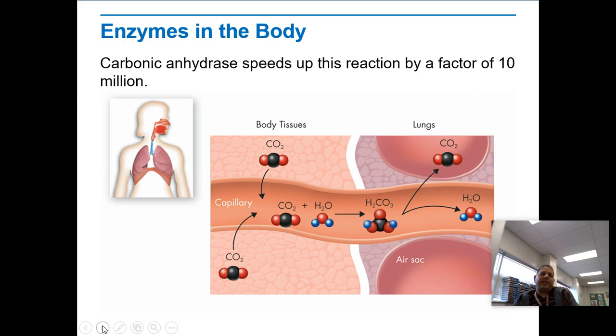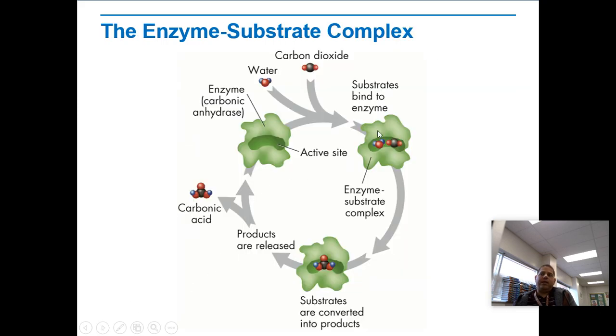So going back to our example of carbon dioxide building up in your body, we want that process to happen relatively faster than it would normally occur if it was just to attach itself to a water molecule. Enter an enzyme called carbonic anhydrase, and its job is simply to speed up the reaction time that it takes for the carbon dioxide to form a chemical bond with the water molecule. And here you can see the enzyme.